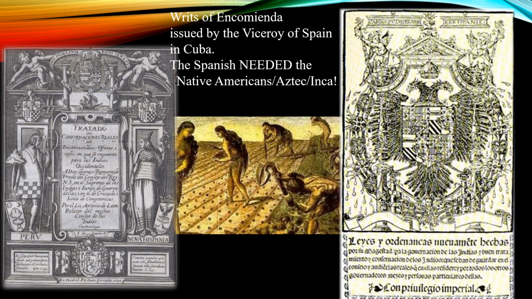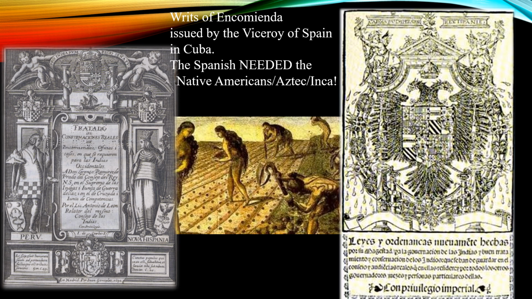He says the money's what drove all this, and the money was coming from the New World. But the manpower was coming from Spain, and so the Spanish had to stay there in Spain. So in the New World, in turn, the Spanish needed the Native Americans to work the land.